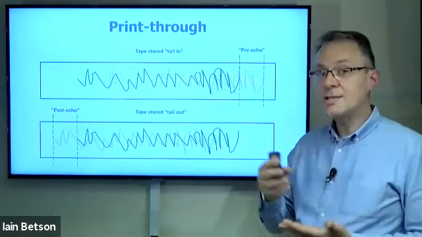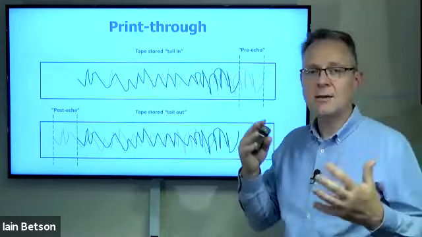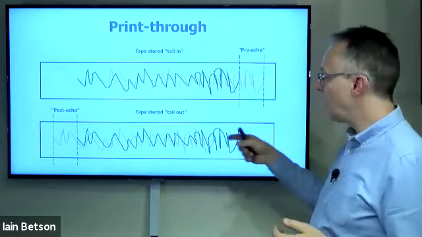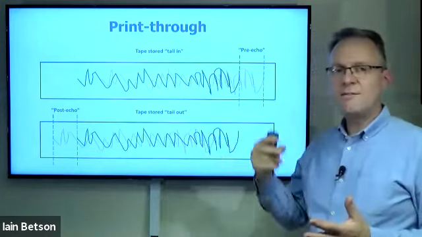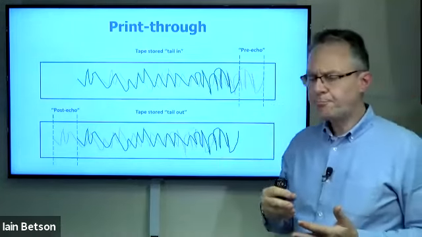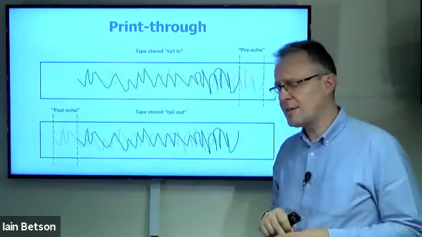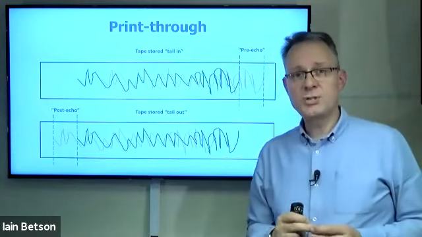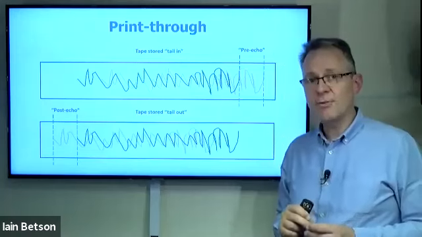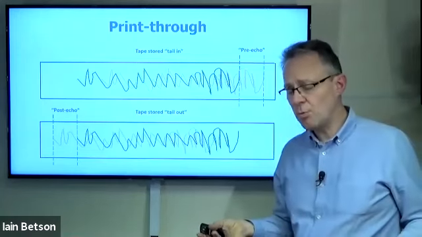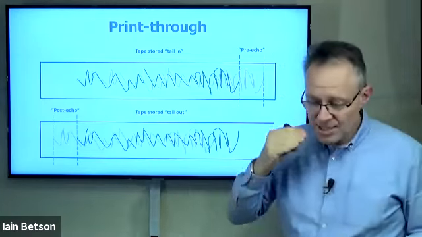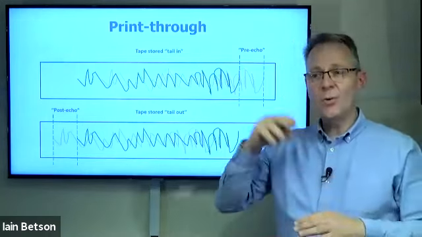If it was a higher noise, sort of a standard tape that had high tape noise, it would mask the print through. So in actual fact, if you've got a high level recording tape, such as our SM900 and SM911, it will be more susceptible to the effects of print through. All tapes will have print through, but you are more likely to hear it, because it's lower noise and there's more level.